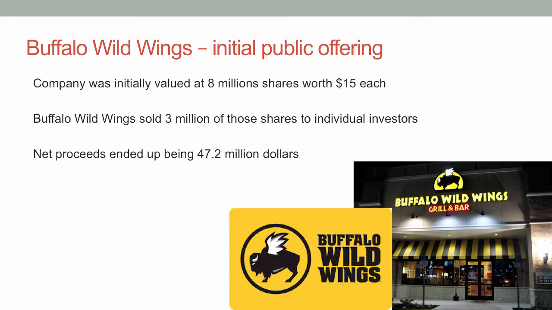That's a lot of money that you can use to help grow your business. And those people investing are predicting that you're just going to do that. They say, okay, I'll buy some shares because I think this company is doing some good things. Well, after just one day, it was a successful opening that was initially valued at $15 a share. And by the end of the first day, the shares had increased up to being worth $22.95 for each share.